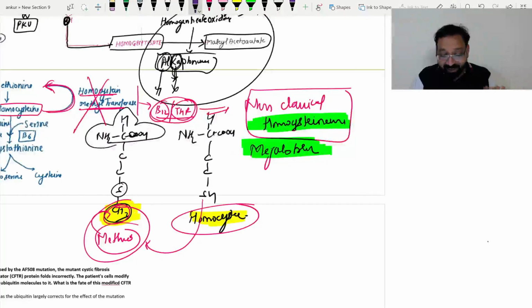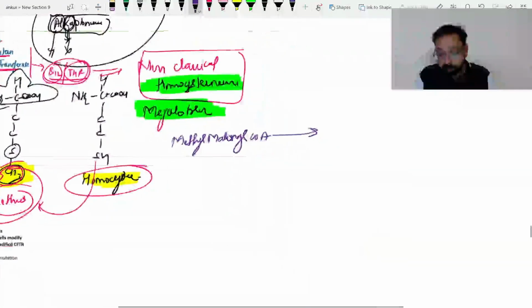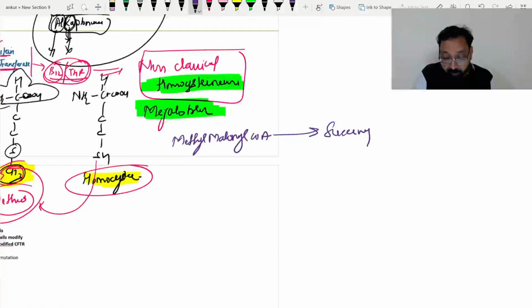I know. If this patient came to you, I will check the methylmalonic acid level. Methylmalonyl coenzyme A is normally converted to succinyl coenzyme A by mutase, and the cofactor is B12.